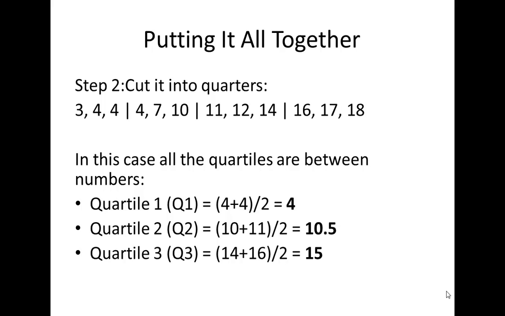Quartile 2, also called the median, is found by adding 10 plus 11 and dividing by 2, getting 10.5. Quartile 3 is found by adding 14 plus 16 and dividing by 2. That gives us 15.